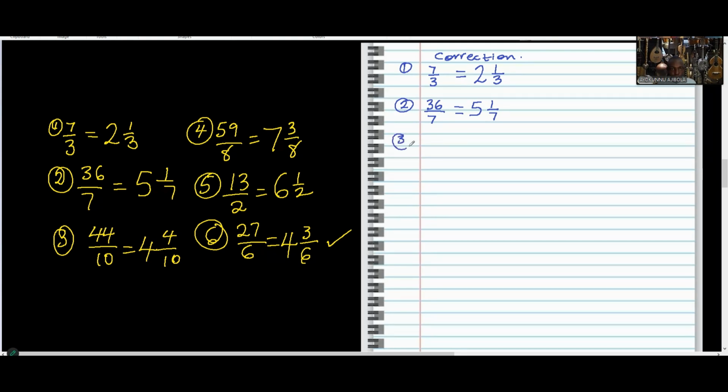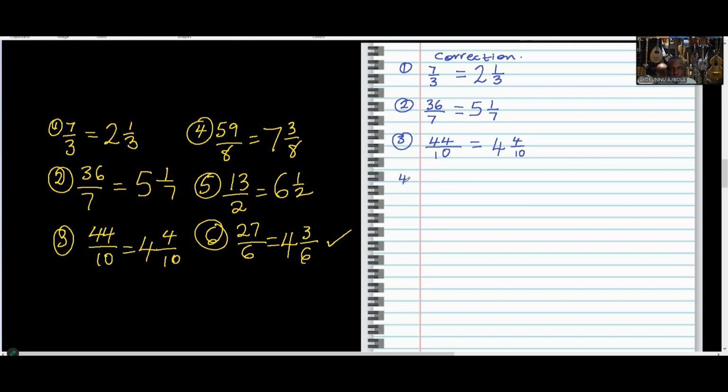Then number 3, you have 4 whole number. Okay, you got number 3. I said apart from number 3. So you got number 3. 44 over 10. And you got that one, which is 4 whole number, 4 over 10. Okay.